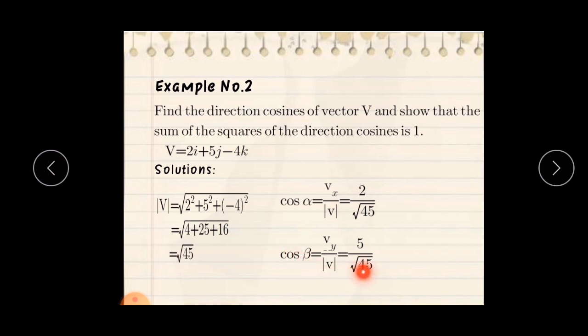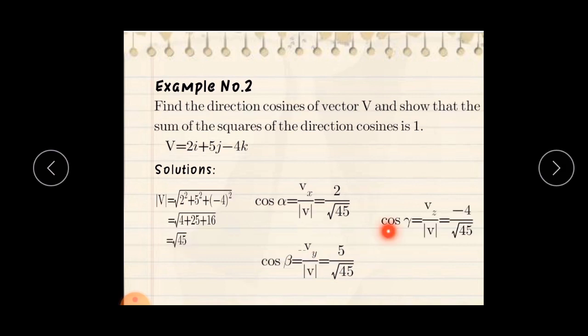So cosine beta is 5 over square root of 45. And cosine gamma is V sub z over the magnitude of V. V sub z is negative 4 over square root of 45. So this is the value of cosine gamma, negative 4 over square root of 45. So these are the direction cosines of vector V.